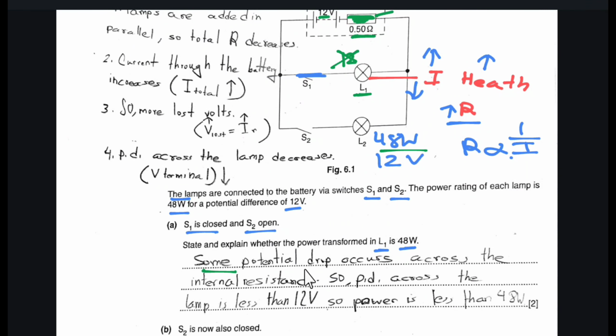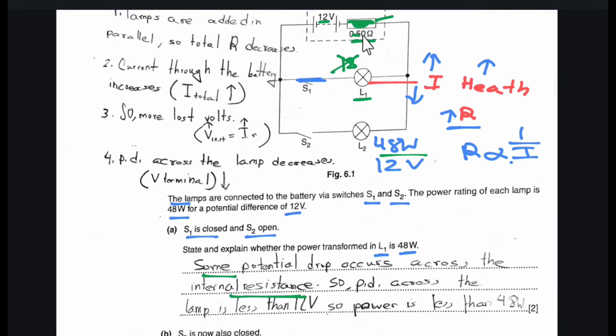Across this internal resistance some potential drop occurs, and so the potential difference is less than 12 volt. It is mentioned that the potential difference is 12 volt, but due to this internal resistance some potential drop occurs, and so the potential difference decreases, and so power is less than 48 watts.